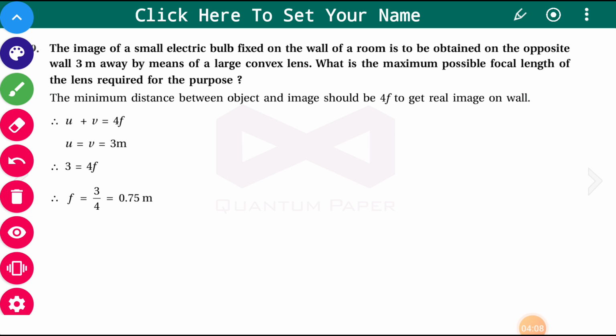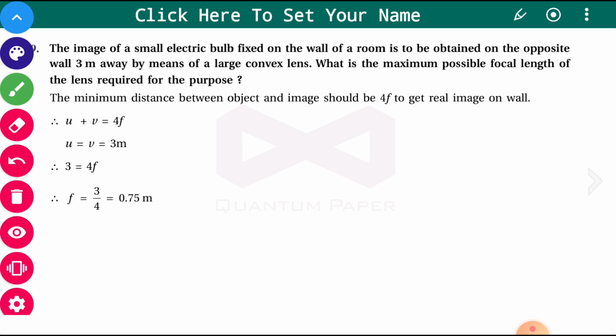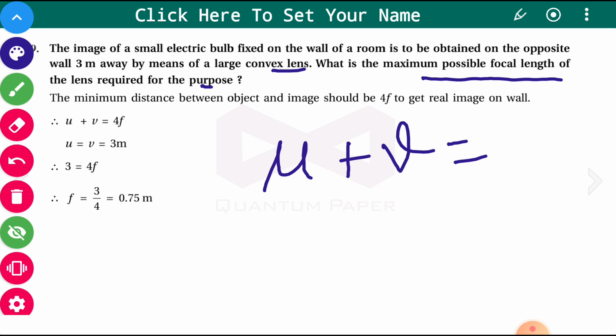Now the 19th one. The image of a small electric bulb fixed on the wall of a room is to be obtained on the opposite wall 3 meters away by means of a large convex lens. What is the maximum possible focal length of the lens required for this purpose? Now see, as you know, u plus v is equal to 4 times f.